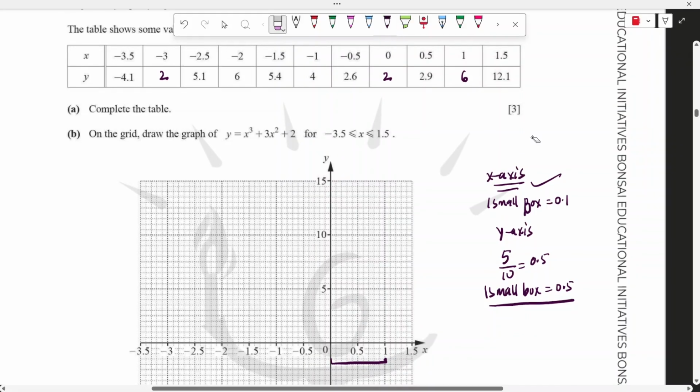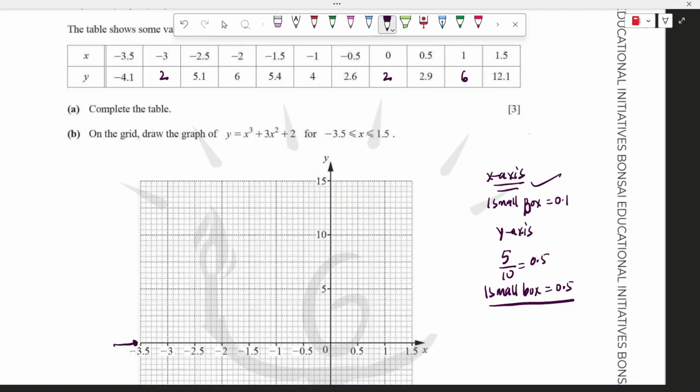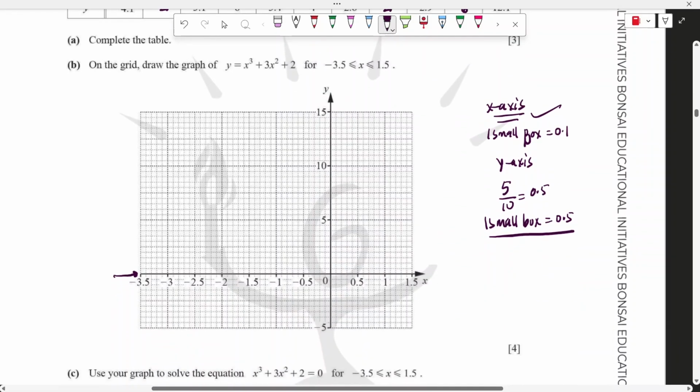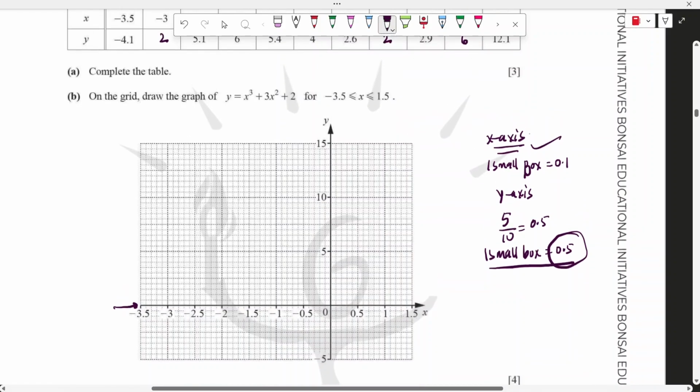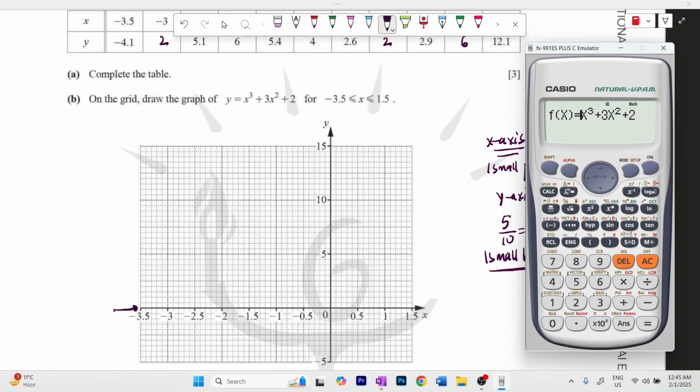So the first point is 3.5 and minus 4.1. 3.5 is clearly visible here. For minus 4.1 we have to go down. On the y-axis, one small box is 0.5, and we are having minus 4.1. Let me use the calculator for this: 4.1 divided by 0.5.